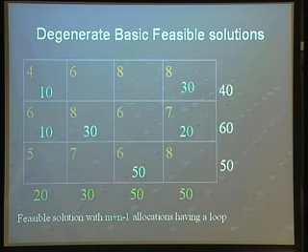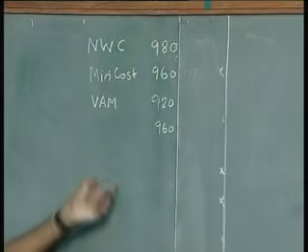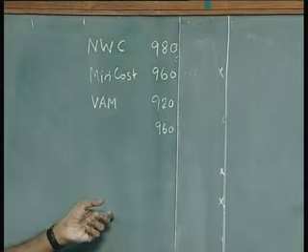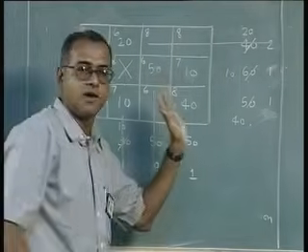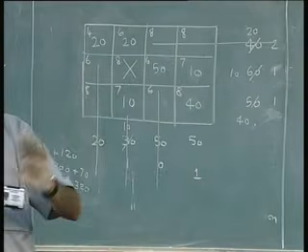So, when we have a solution that is obtained by any method other than these three, or any method that does not guarantee a loop, then we have to look at loops. For example, if we had used any of these three or any other method which would guarantee a non-loop solution, then if we have a solution with m plus n minus 1, we can be confident that it does not have a loop.